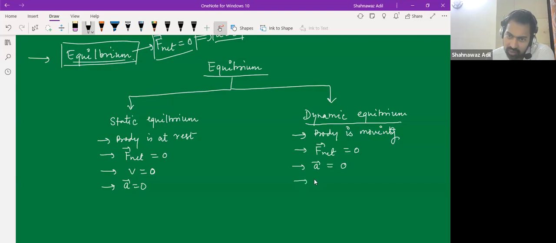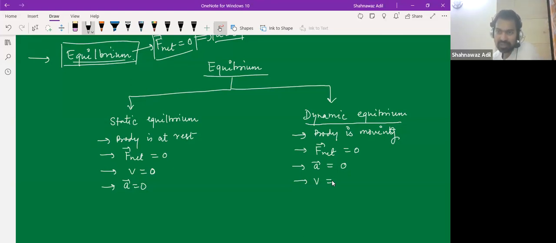But what is V in this case? Can you guys tell? If you were present in the JEE and NEET class, Rishita and Akib, remember the case in which we found that acceleration is zero? What was the velocity for that case?